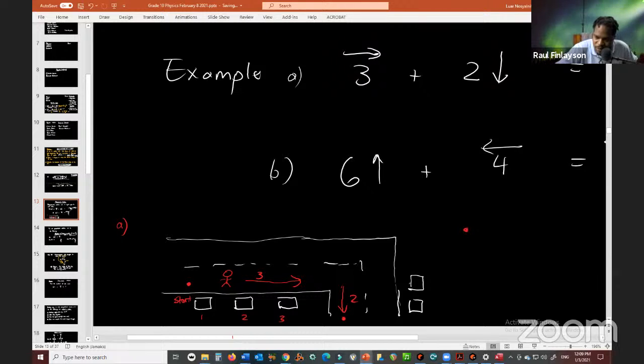Now, what name do we give to these vectors again, when they act this way? We get a vector going at right angles to another vector. What name do we give to those vectors?